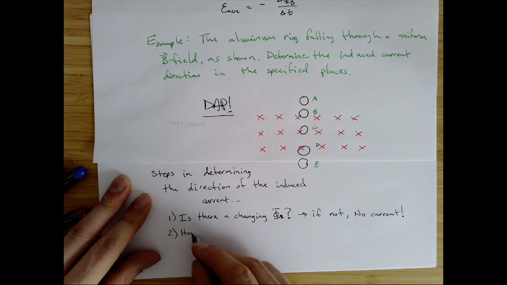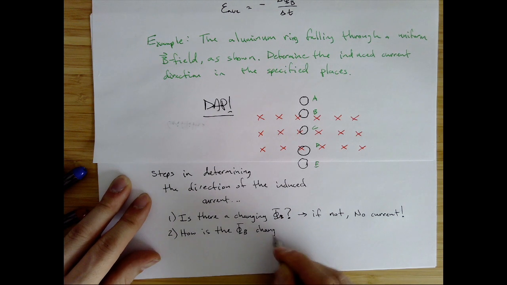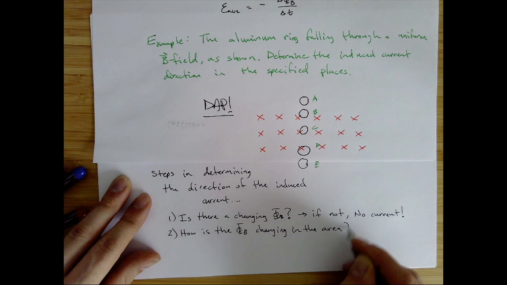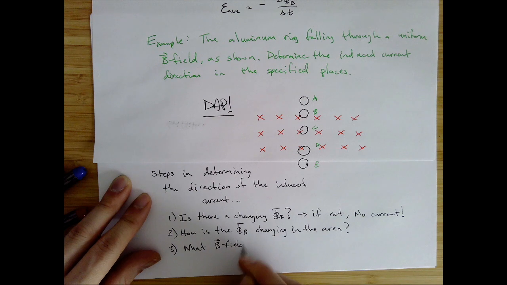2, how is the flux changing in the area? 3, what B field is required to oppose the change in flux?